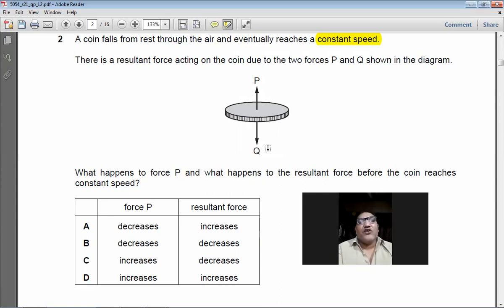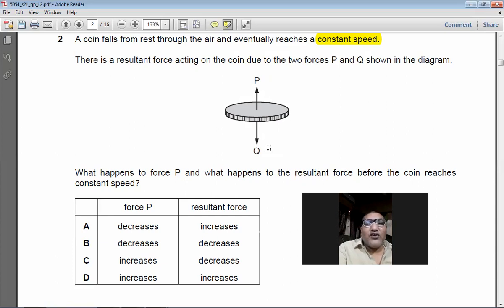The resultant force equals Q minus P, weight minus air resistance. Because the weight is constant but P is gradually increasing as the speed increases, the resultant force is maximum at the start, and the value of Q minus P gradually decreases.